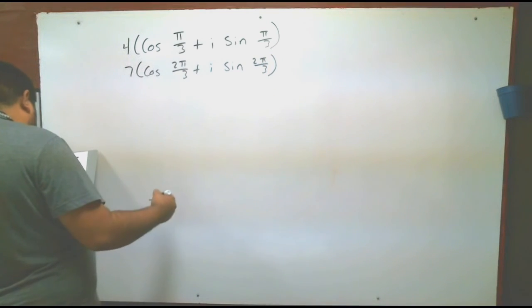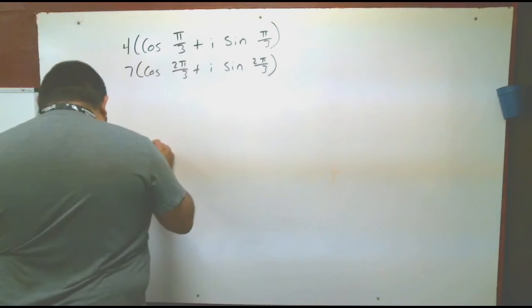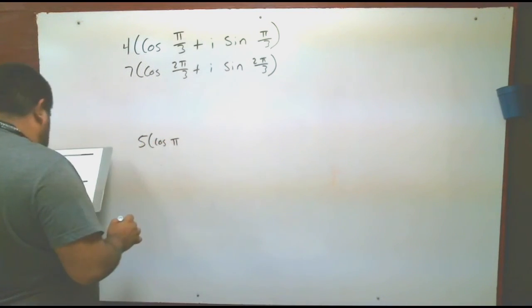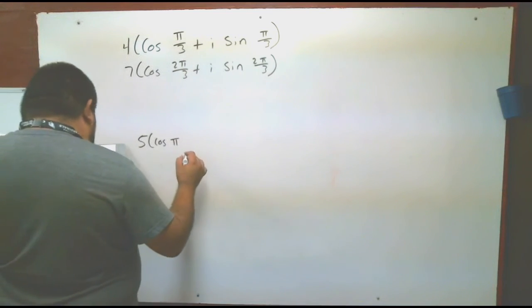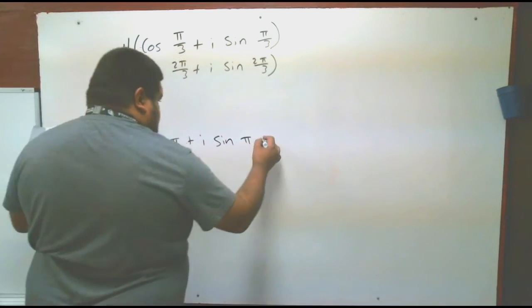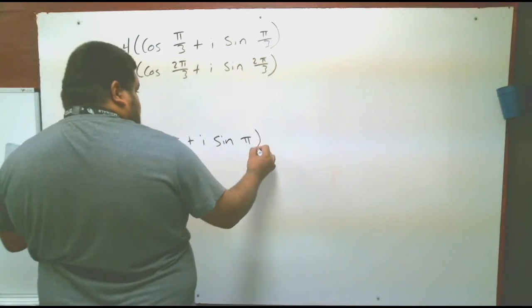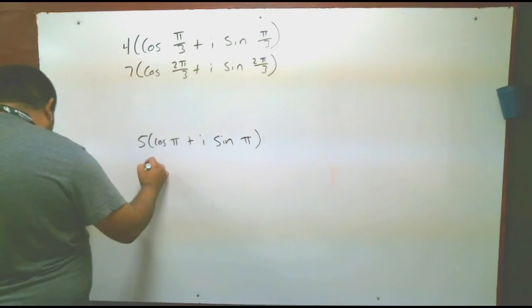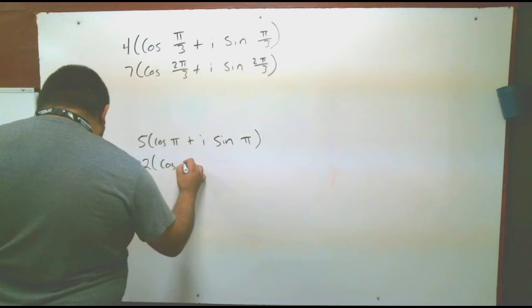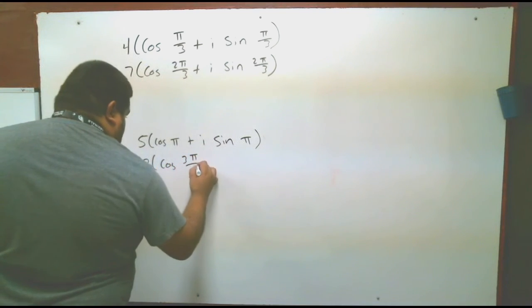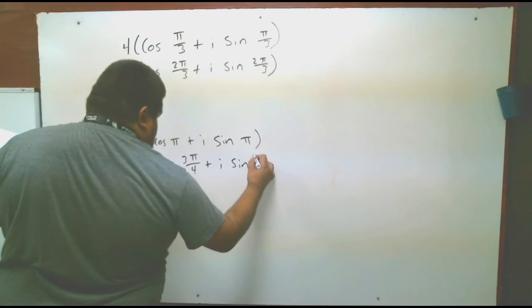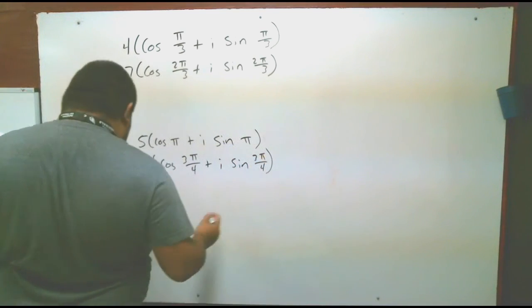Let's do one more for practice. We're going to have 5 cosine pi plus i sine pi, and then 2 cosine 3 pi over 4 plus i sine 3 pi over 4.